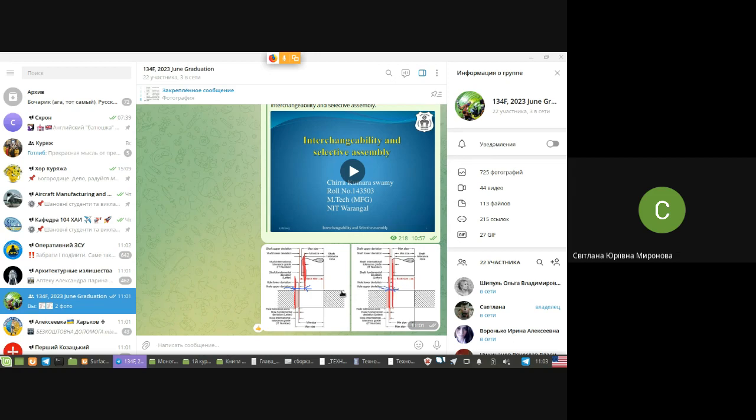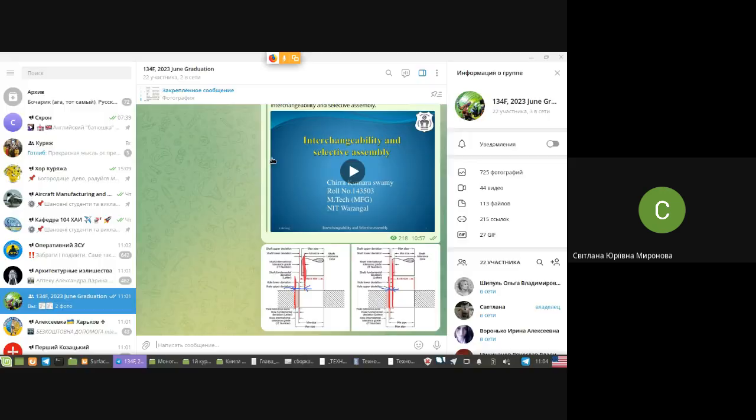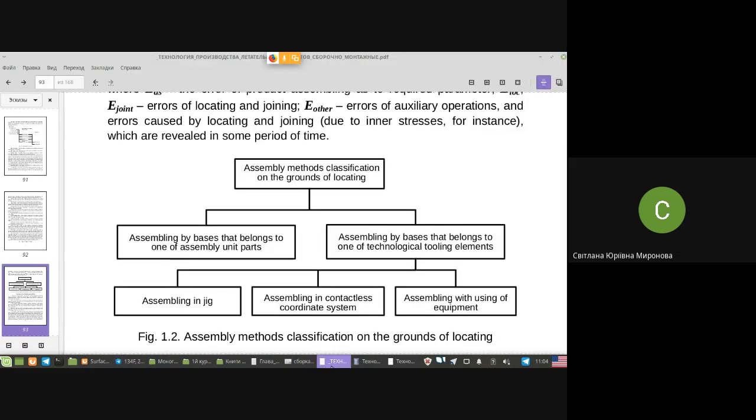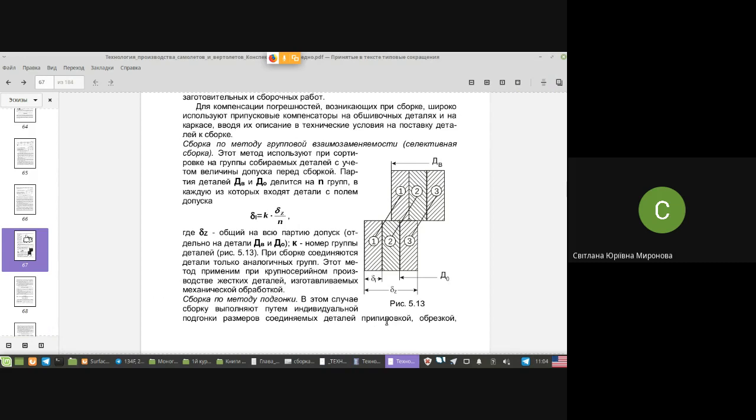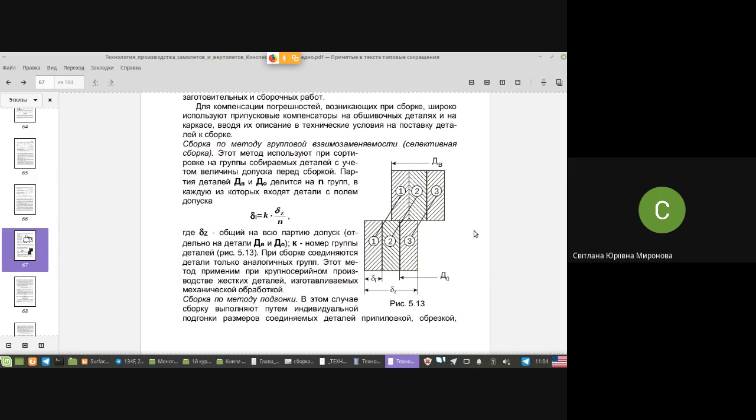How may you reduce this clearance, how may you make this clearance more accurate for thousands of parts? Quite clear. In the accepted concept of full interchangeability, you may make the parts more accurate. But more accurate parts means more expensive parts. I hope it's clear. What does this picture demonstrate to us?